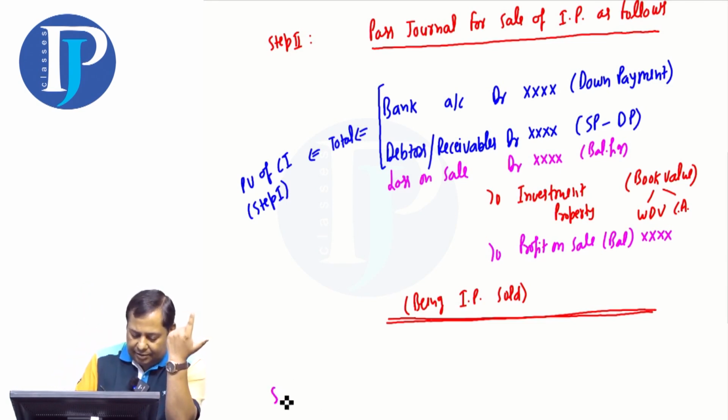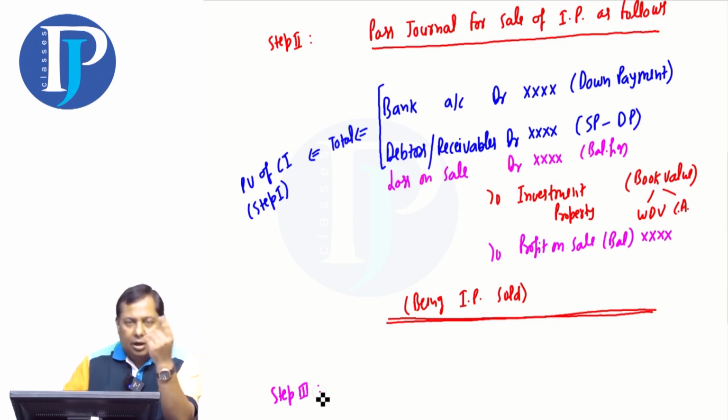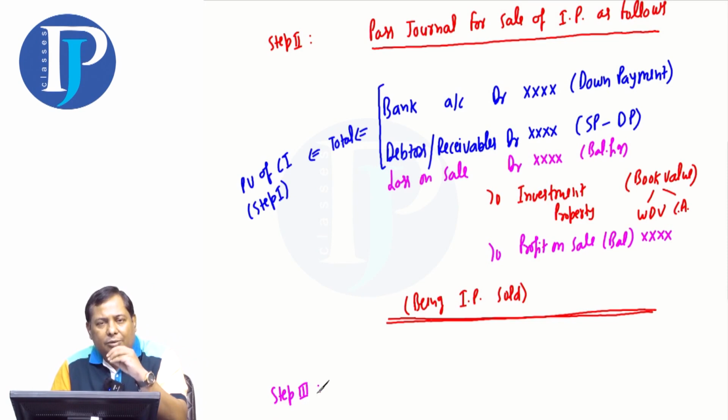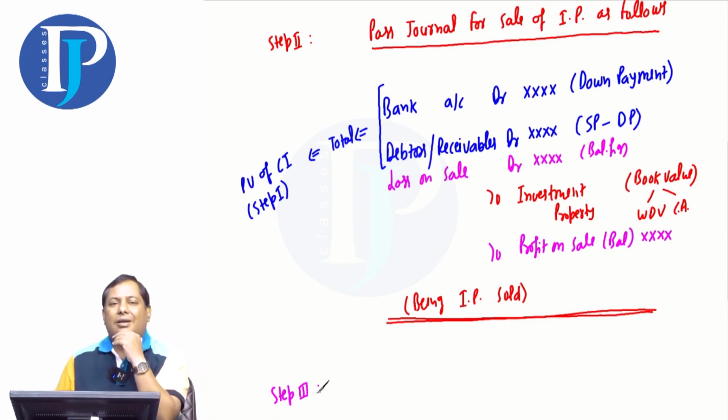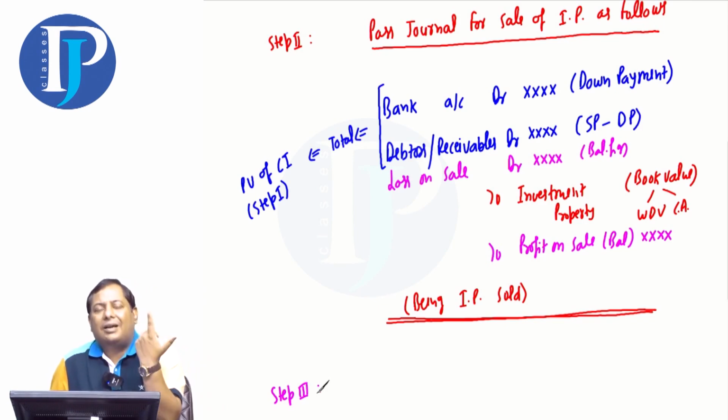It's simple. The third step: if any student faces any problem in understanding, there is no need to worry. I will take an example and all of it will be clear. Sometimes theoretical concepts don't become clear, so take an example. It will be clear from that.